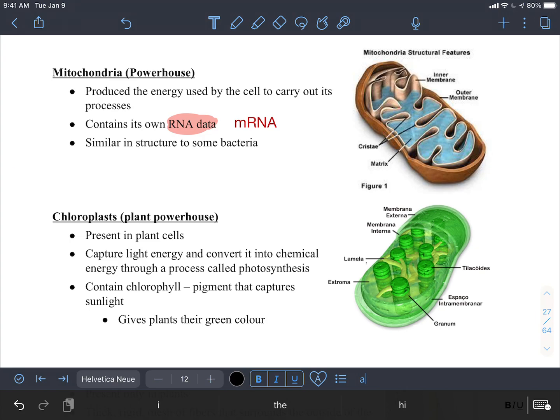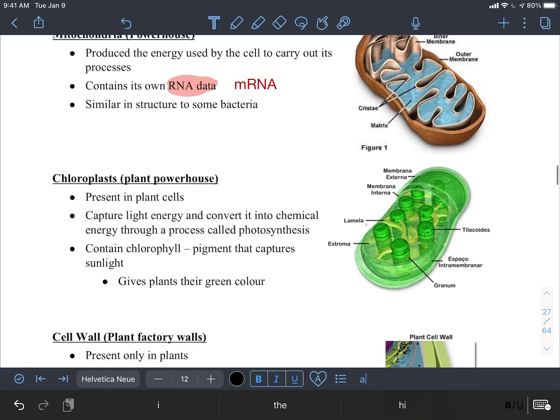That's what we're talking about. So this is another reason we want to walk through our cell: the mitochondria has its own RNA, and that RNA indicates that the mitochondria may have been its own creature at some point, its own bacteria-like creature.